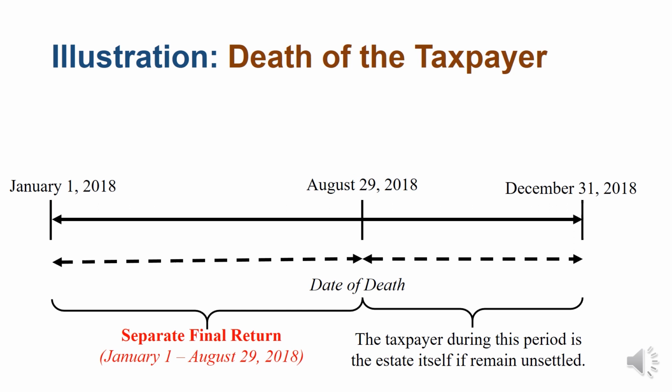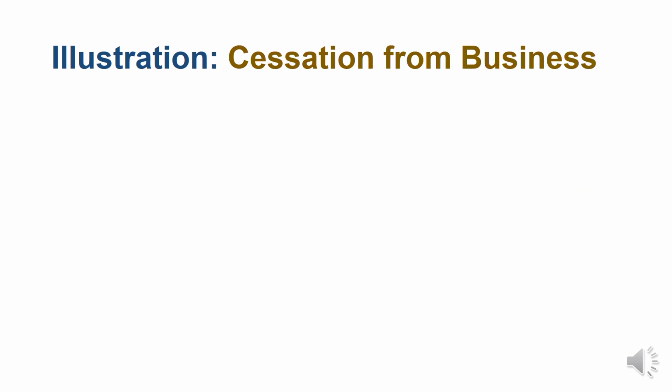There will be no more Alexis from August 30 to December 31. Okay, so if there is incomes or if the estate continued to earn income, then the estate itself shall be considered a separate taxpayer.